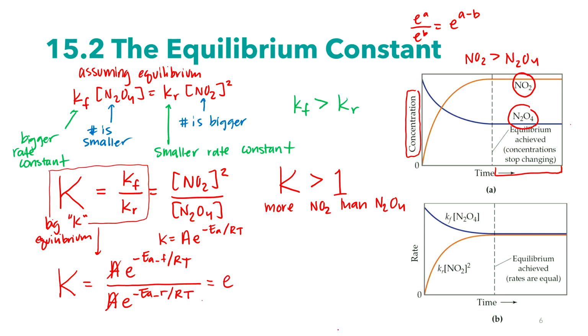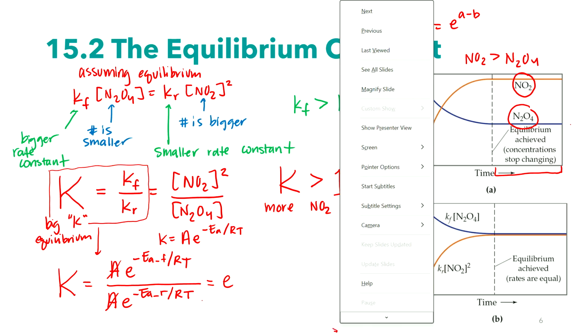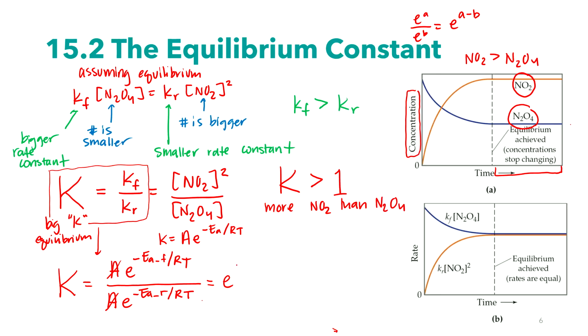I'm going to have e to the Ea reverse minus Ea forward, divided by RT. And this is the point that I wanted to get to. If we look at a reaction diagram, stay with me. This is a reaction diagram showing an Ea forward and an Ea reverse.